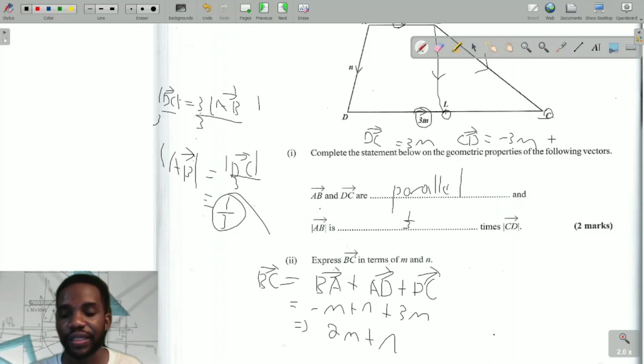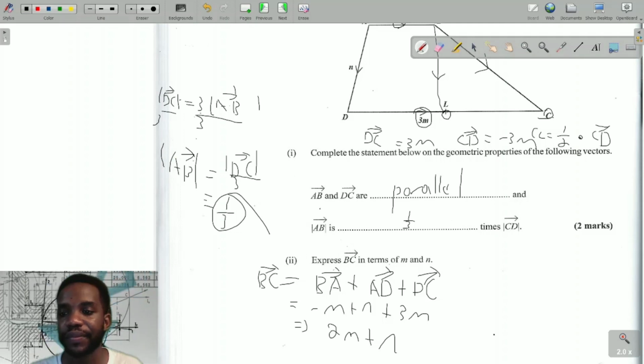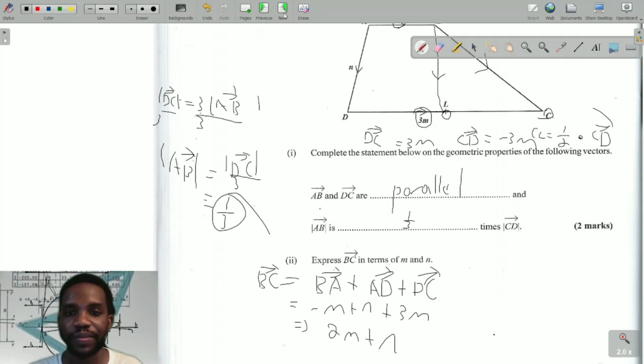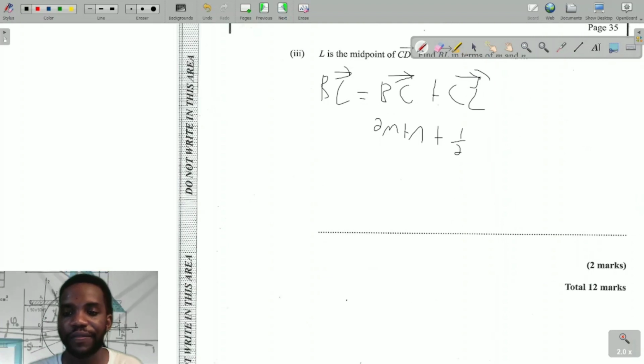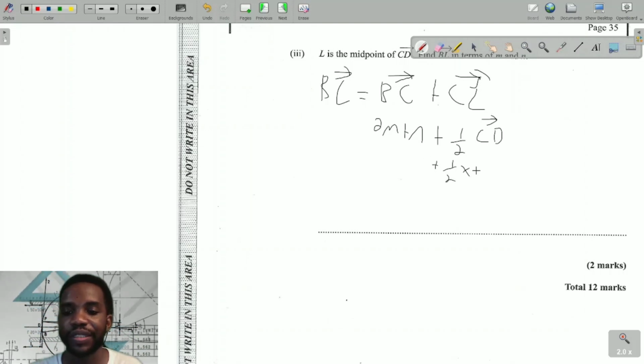So we're simply going to say a half. So CL is basically a half times CD. Let me go back to the next page. So plus a half times CD, which is a half times negative 3m.